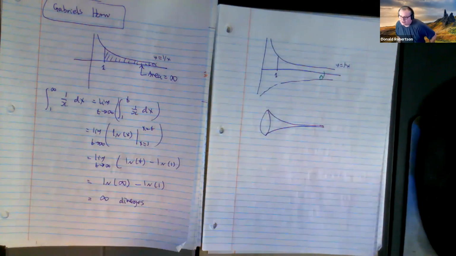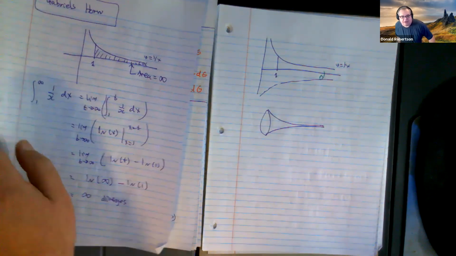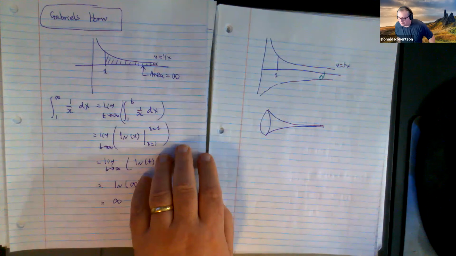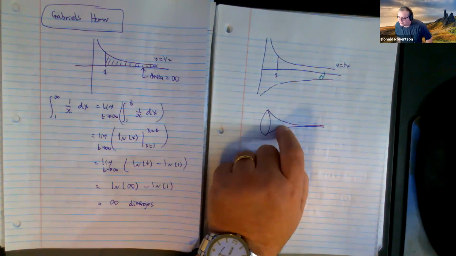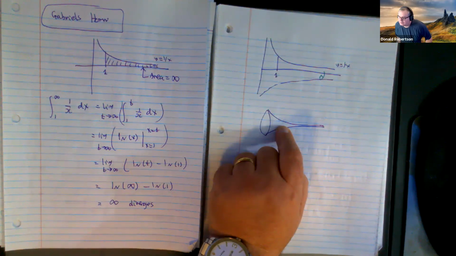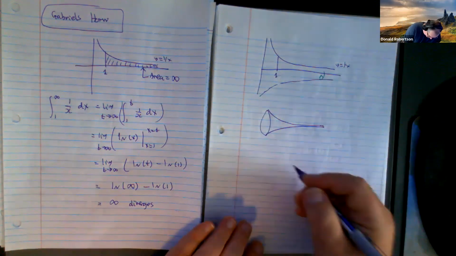Can you imagine it looks like a horn? And we are now going to find the volume of that horn. Now, you notice that this area here is infinite. We've just done it. So wouldn't you expect this to be infinite as well? Does that seem reasonable? Well, let's find out.